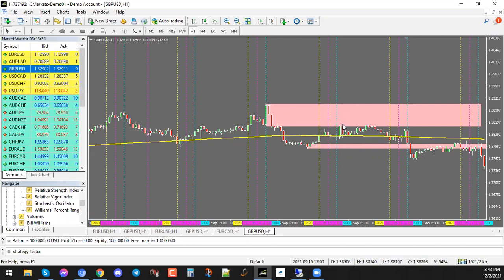I'm going to look for a reason to go short. Price hit the order block, bounced off the order block, closed below the order block. I'm going to go short. My stop can go above the order block or above the high, the candle that created the high of the order block. It can go above that high or basically just above the order block. So that's where my stop would go.